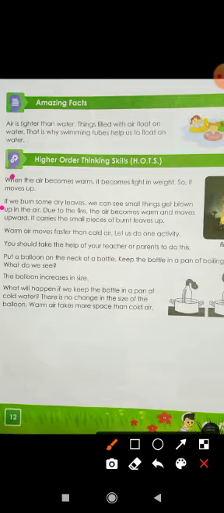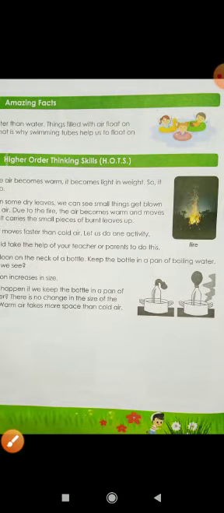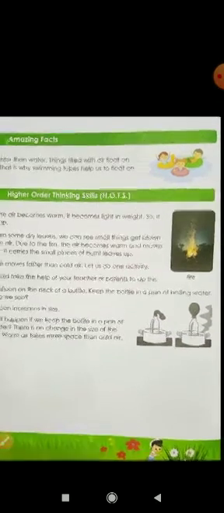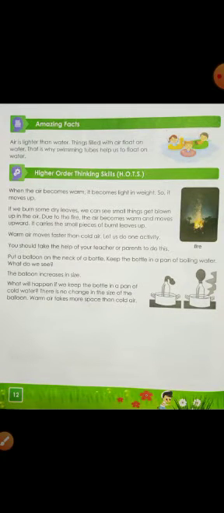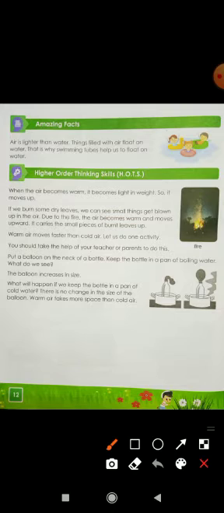And because of this, it will carry the small particles of the burnt leaves up. So only you can see here small particles of burnt leaves going upward, right? You see that?